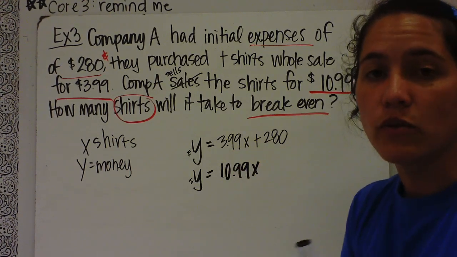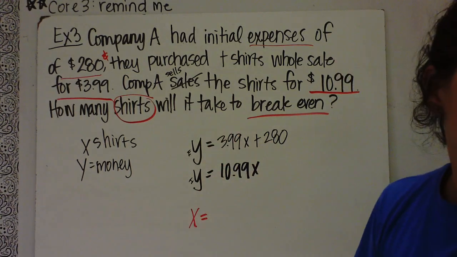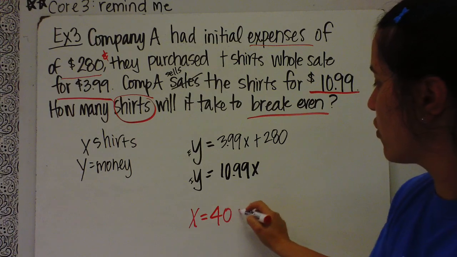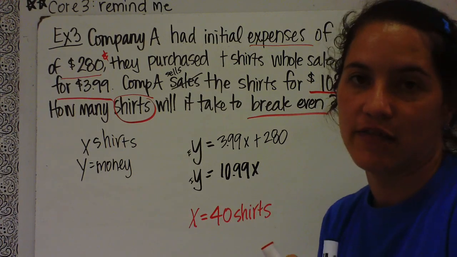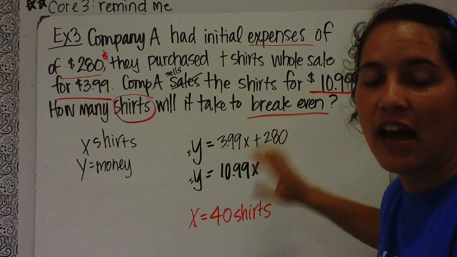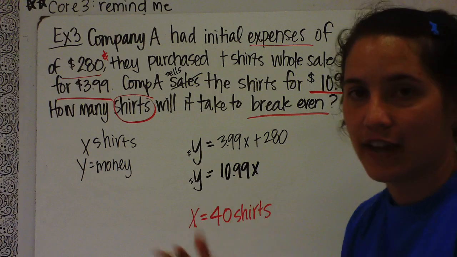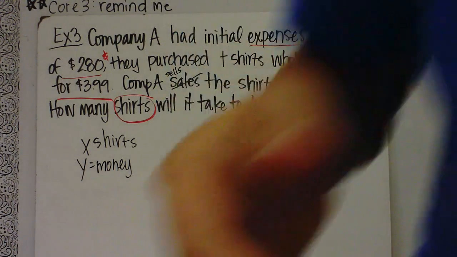Once you have two Y equals equations, you would graph them, and X is going to equal 40 shirts for them to break even. So if they sell 40 shirts, that means they pay back their debt and they're back to zero, and then they can start making profit. We'll practice more break-even problems in class.